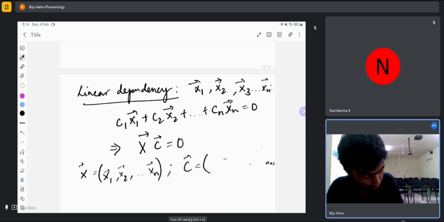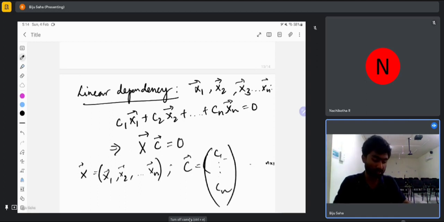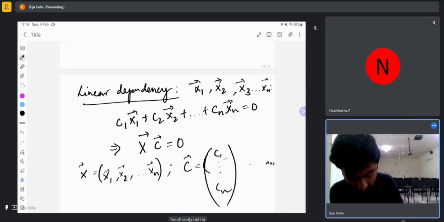Coefficient matrix, it's an n cross 1 matrix, so there are C1 till Cn. So I've recast this equation in the matrix form with x and c values given like this.